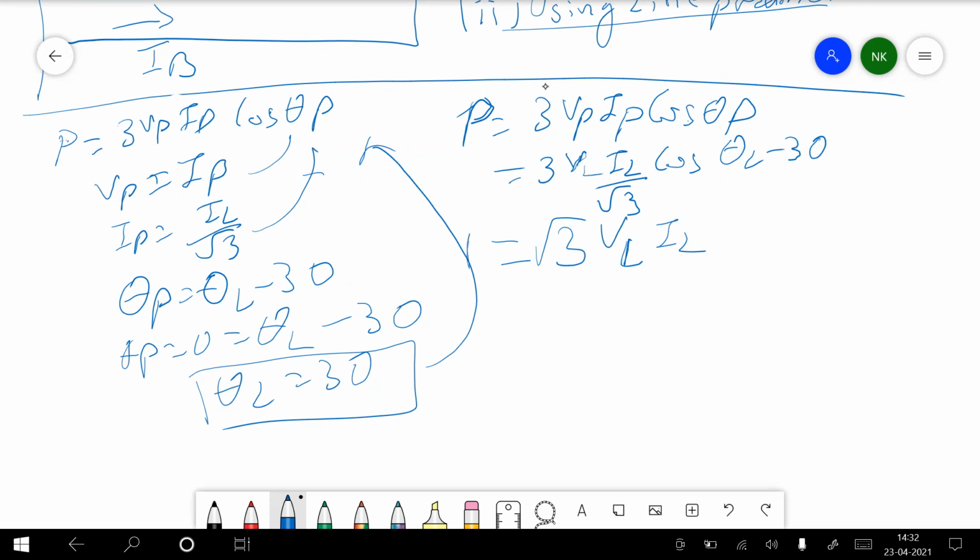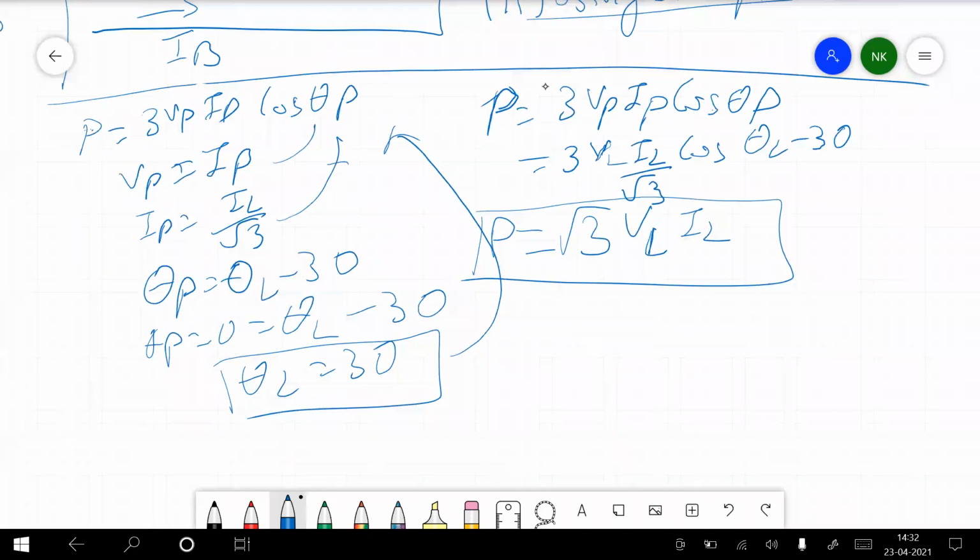You're getting the same answer that you got for the Y parameters. So for the Y network and for the delta network, we are getting the same equations.